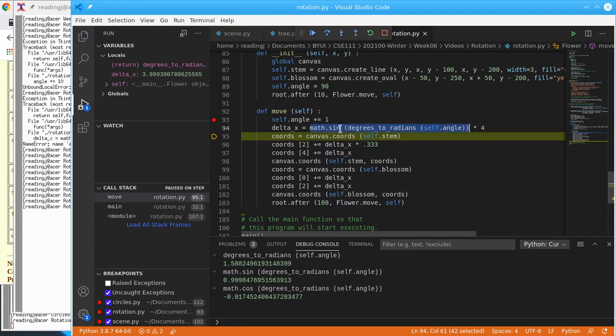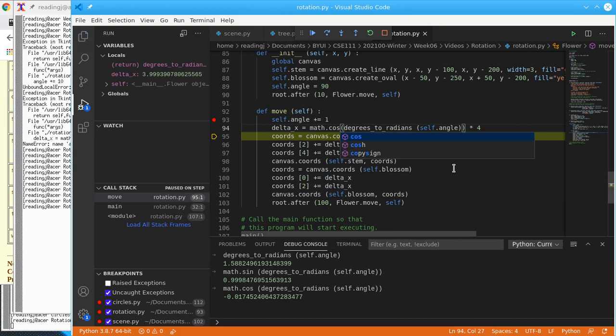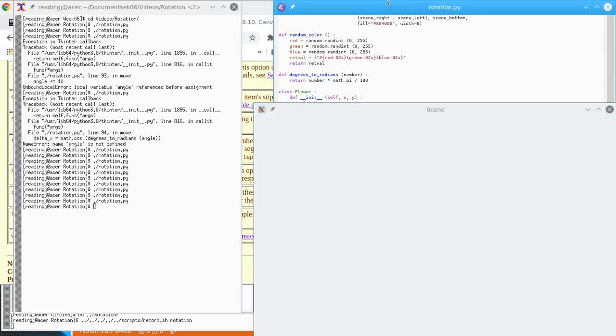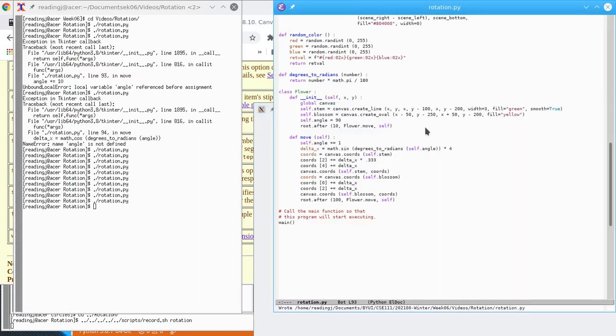That should be, yeah, cosine. Let's come back here, invert that.